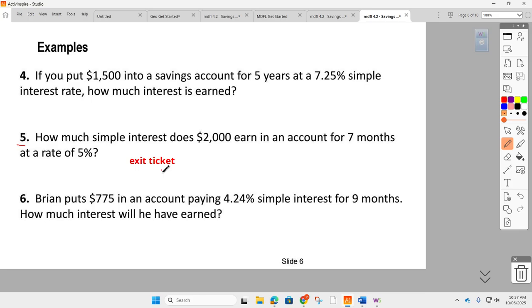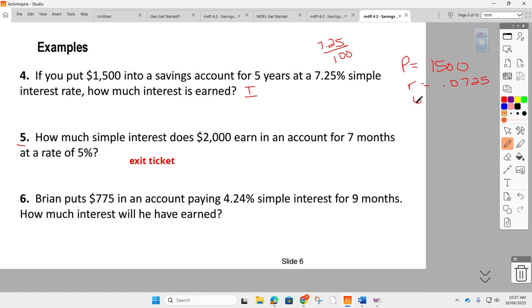So we are looking for the interest, but that part is not different. Our principal, that part is not different. And honestly, the rate part is not different. It's 7.25 divided by 100, but a lot of kids think because there's a decimal in it already that it's already in decimal form, and it is not. It's only 0.0725.